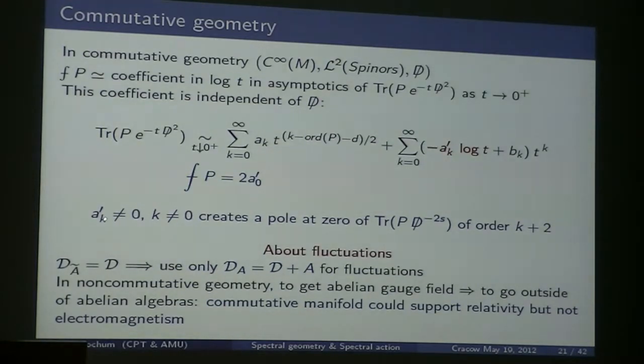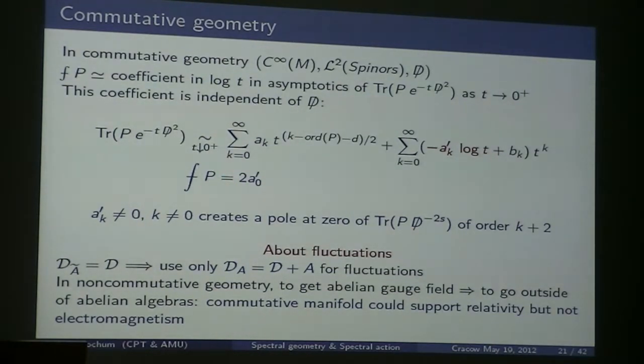And when a prime is not 0 for k different from 0, this means that you have poles at 0 of this zeta function which have some order greater than 1. Unfortunately this appears even in quantum deformation. So that's what it is all about: to be able to compute these numbers.